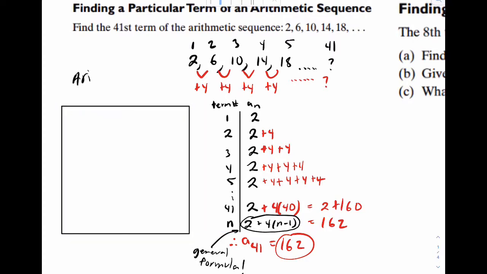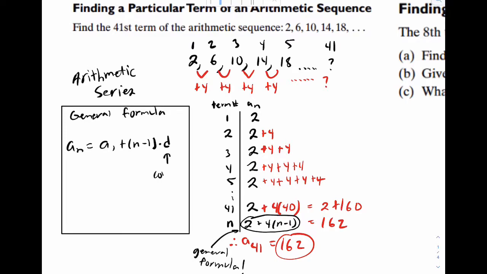For an arithmetic series, the general formula is as follows. A sub n is equal to a sub 1 plus n minus 1 times d.